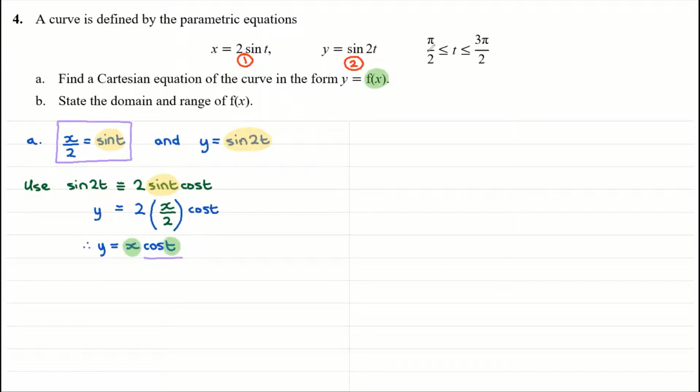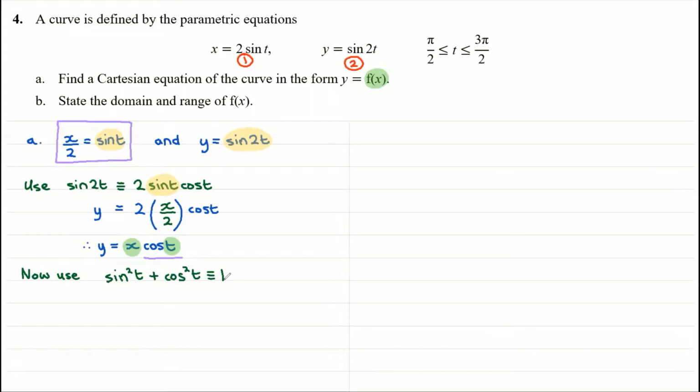So we're now going to use the one that we know really well. Sine squared t plus cos squared t is identical to 1. Because that's the only identity that links cos and sine together and nothing else. And we're forced to do that by the situation we're in.